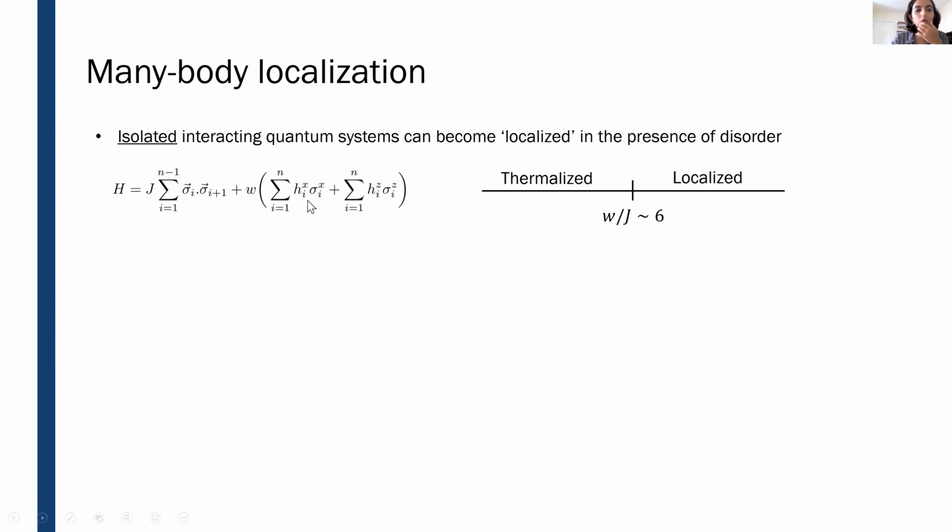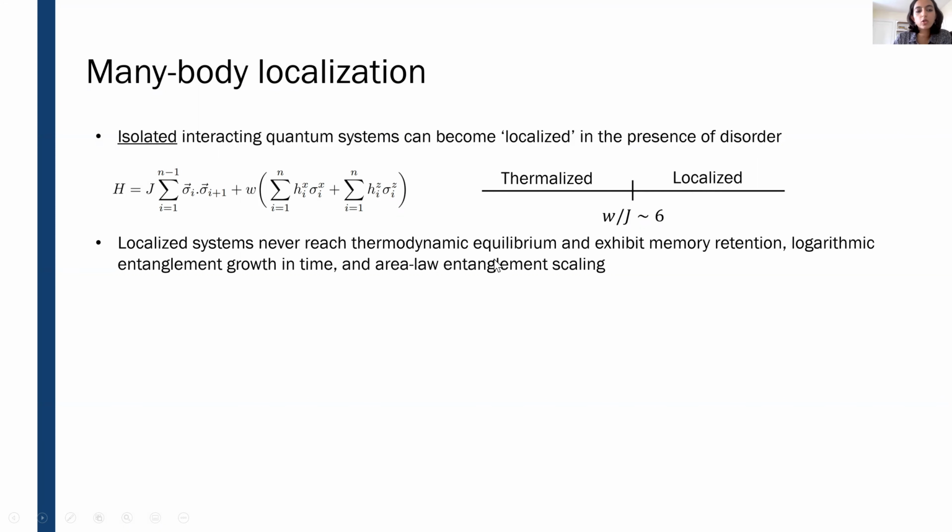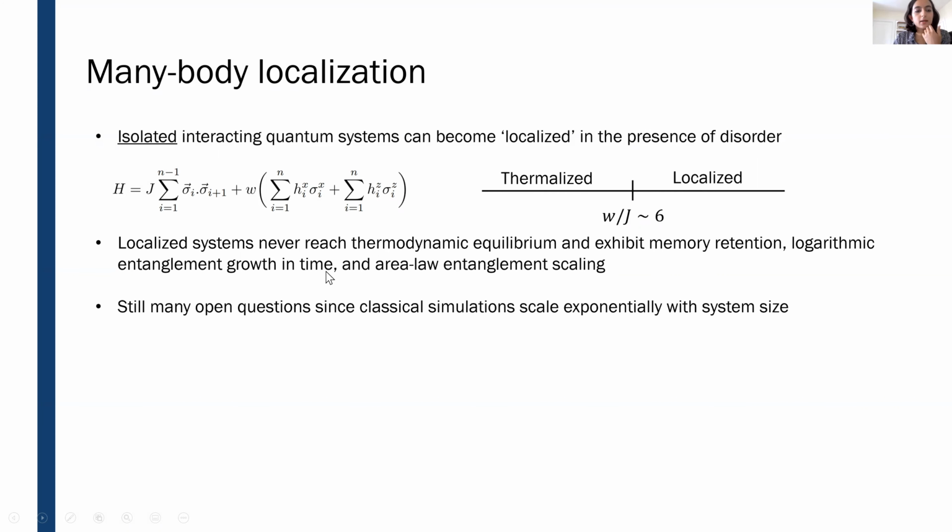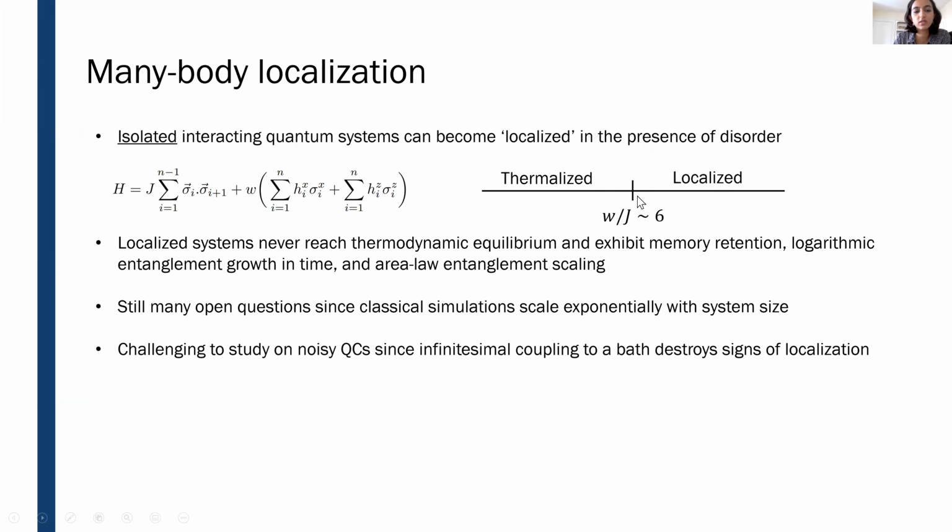Basically, if you have an isolated interacting quantum system and you add some disordered potential to its Hamiltonian, if the disorder is large enough, there can be a phase transition from a thermalized to a localized phase. The special thing about localized systems is that they never reach thermodynamic equilibrium, and they have properties like memory retention, logarithmic entanglement growth in time, etc. And there are so many open questions, since classical simulations, especially near the phase transition, will scale exponentially with system size.